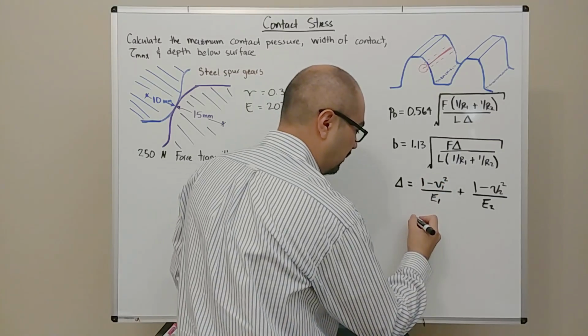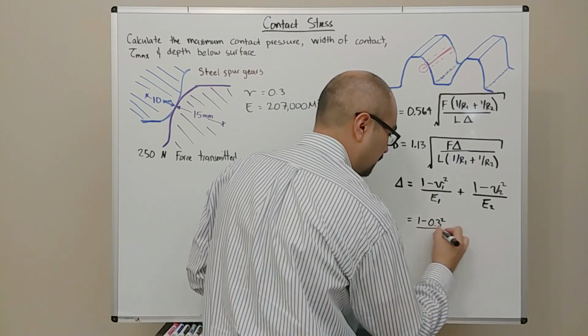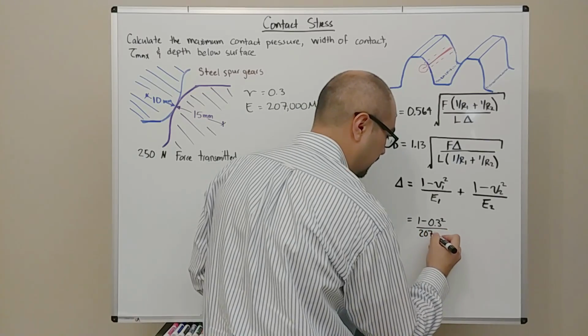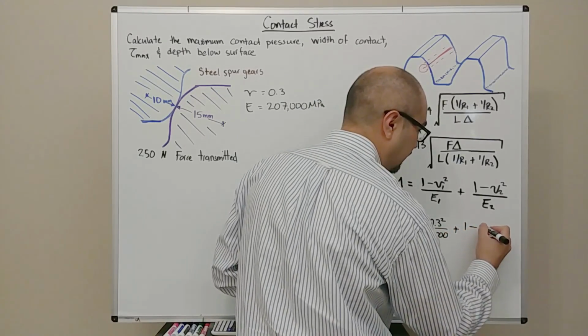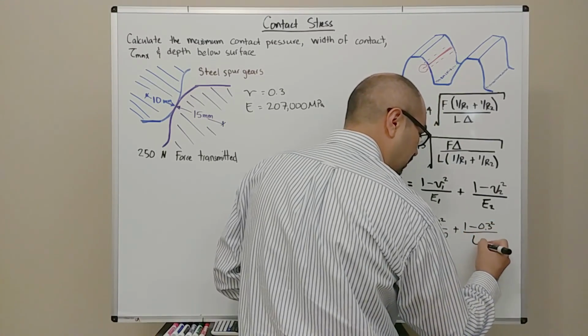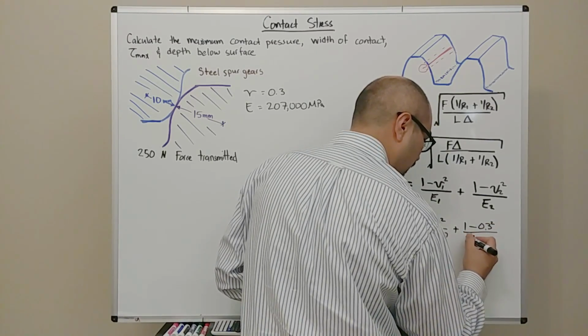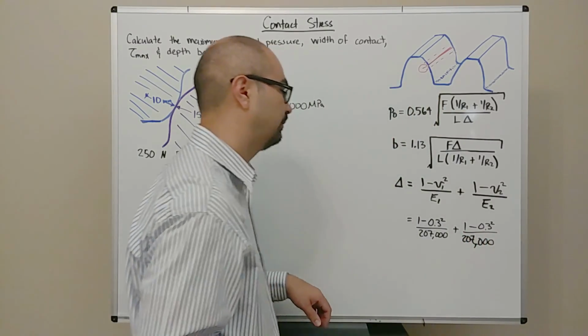This is going to take the form of (1 minus 0.3 squared) divided by 207,000, plus (1 minus 0.3 squared) divided by 207,000.